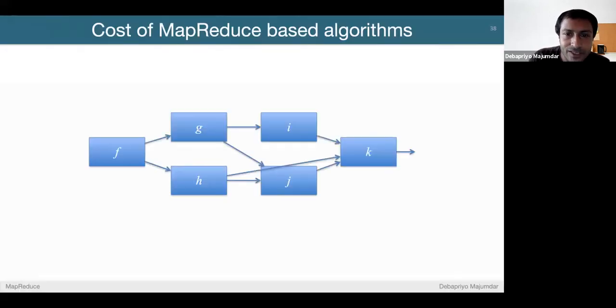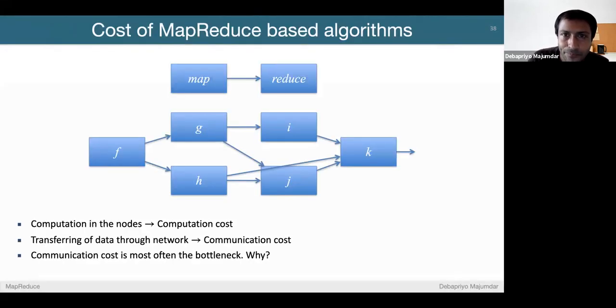If you think of counting the communication cost in this big network of map and reduce functions, then the total communication cost is the size of the input to the function G, plus the input to H, I, J, and K. That is what ultimately will matter.